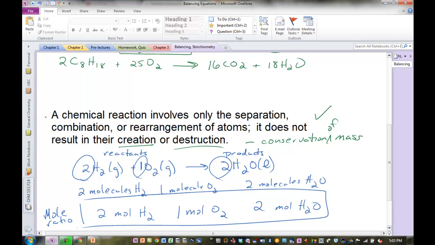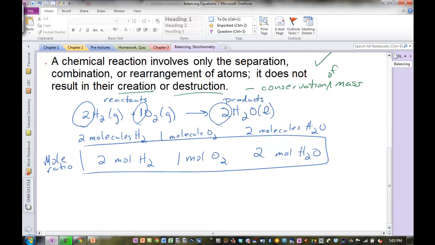We might have grams come into play. We might have some other things come into play, but the basics are moles to moles. How do we do that? So let's very briefly talk about one of my favorite words, stoichiometry.